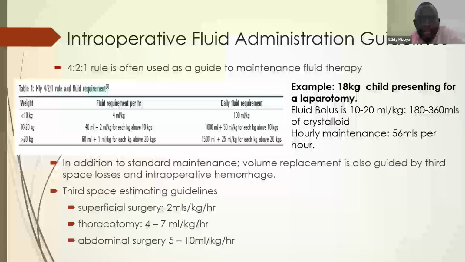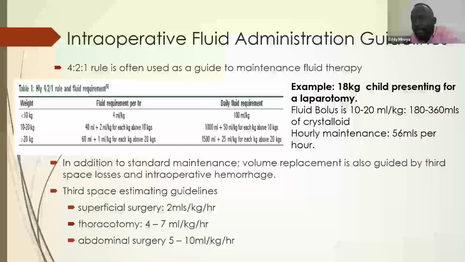But if it's crystalloids, you have to consider the blood loss as you're computing your hourly maintenance of your crystalloids. But the 4-2-1 rule is just a guide that you use to help you know what amount of fluid this child would need.